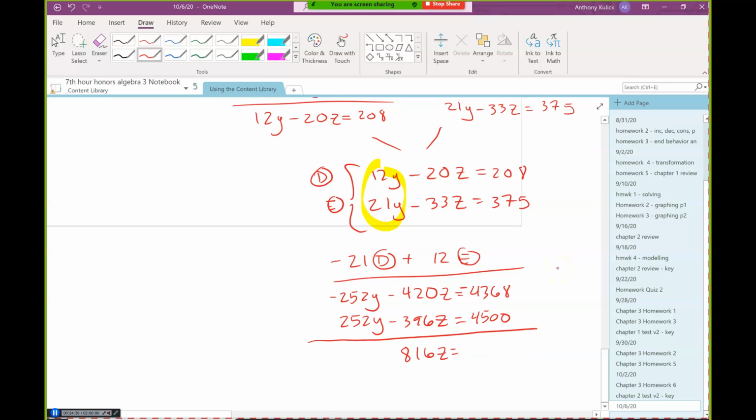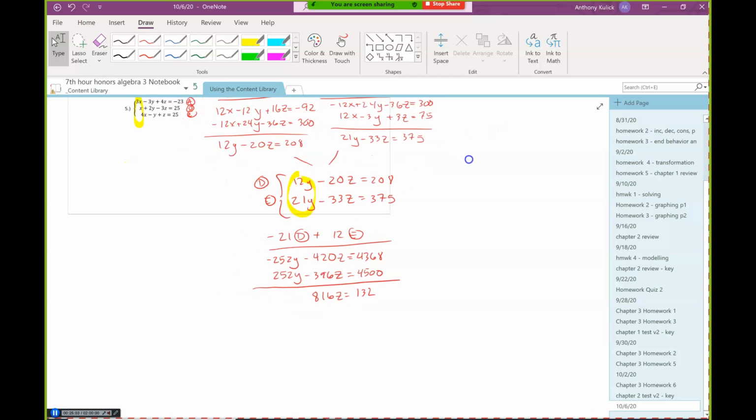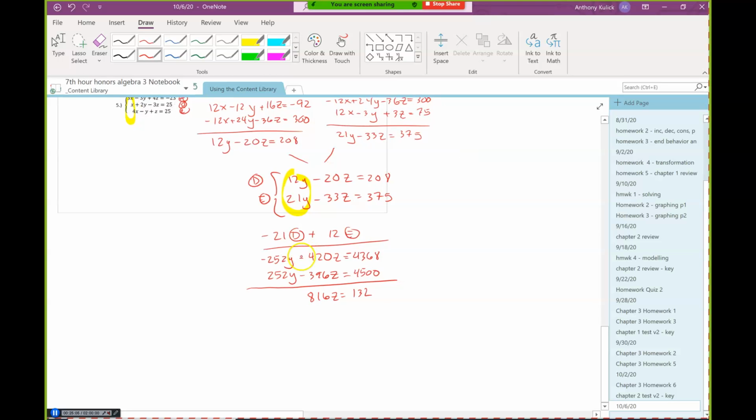Right, that's what you're saying? Thank you. I was just looking at the result and going, that doesn't look right. That still doesn't look right. Okay, plus 420, yes.